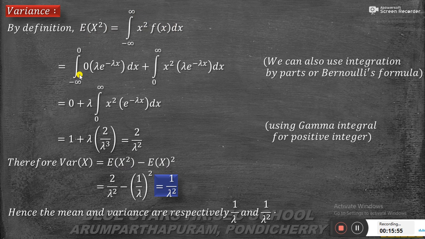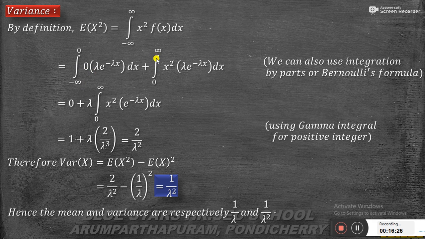I split the integral limit: minus infinity to 0 plus 0 to infinity. From minus infinity to 0, the limit represents the otherwise case, where the function f of x is 0, so x square into 0 is 0.